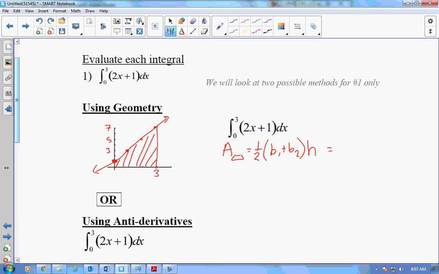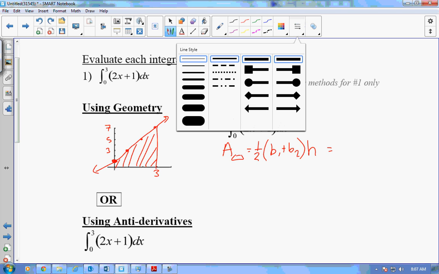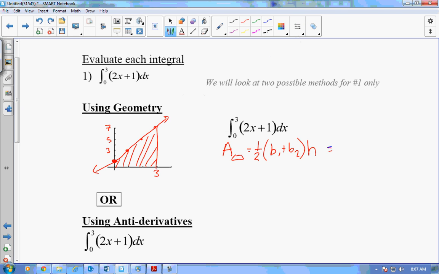Now, make sure the bases are always parallel to each other. So, Ariel, what are the lengths of the two bases? 7, yep. Because right here is length 1, and those are parallel to each other. We can show parallel with little arrows. This one is length 7.